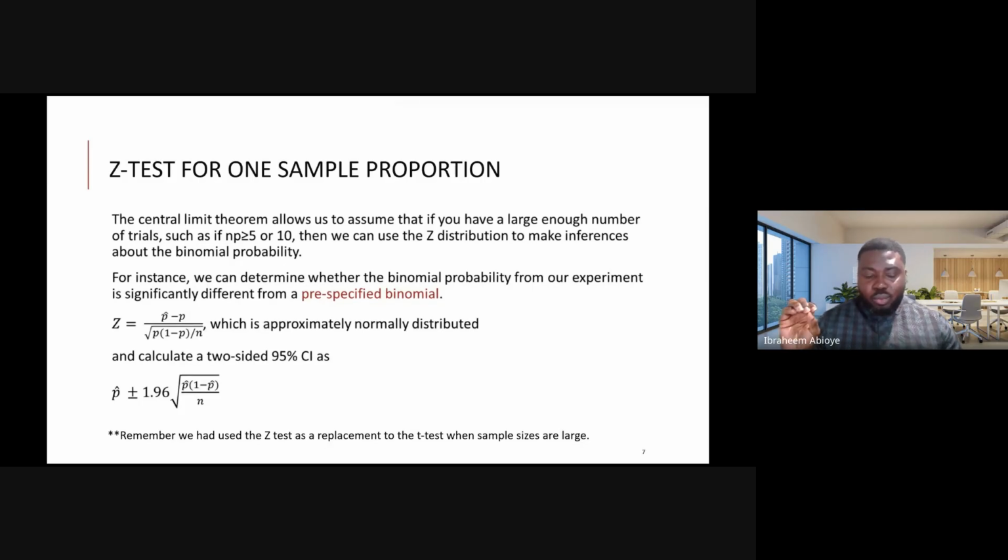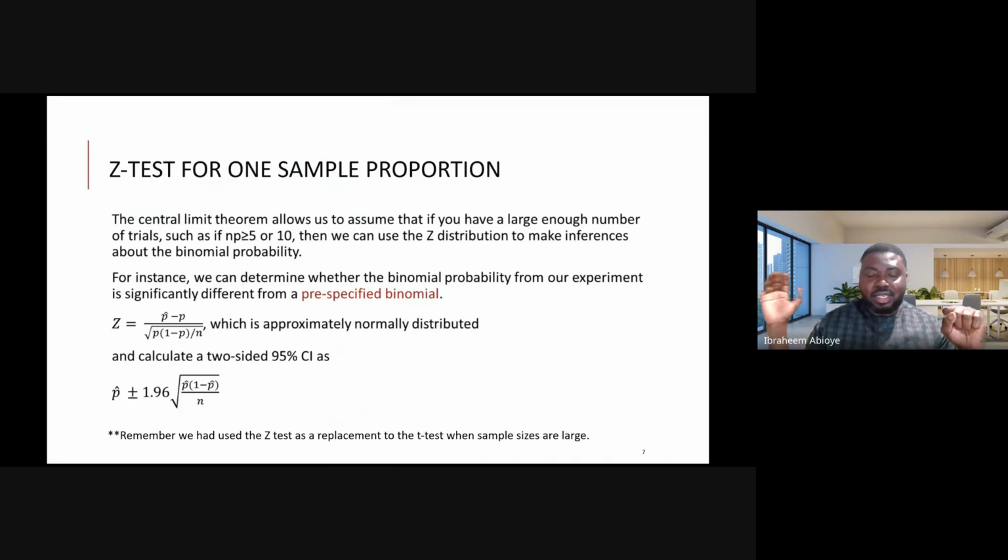Last week we talked about t-tests, the one-sample t-test, where you're comparing one mean to a standard mean. Here in the z-test, we can also do the same thing. We can compare one proportion to a standard proportion.